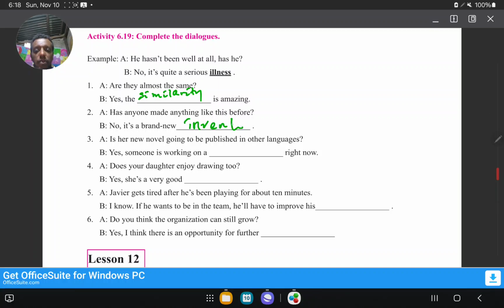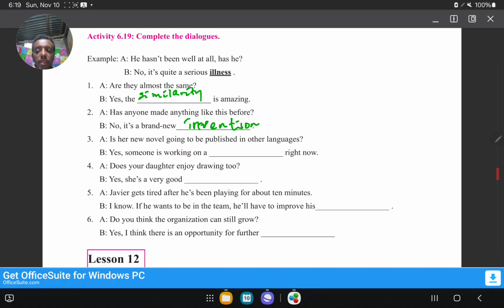Invention. So ጥያቄዎችን ስትሰሩ ብዙ ጊዜ ከወርዱ ነው አፕላይ ማድረግ ያለባቸው ማለት ነው። You see, has anyone made anything like this before? No, it is the brand new. Invention. It is noun form. Invent is a verb, and tion.